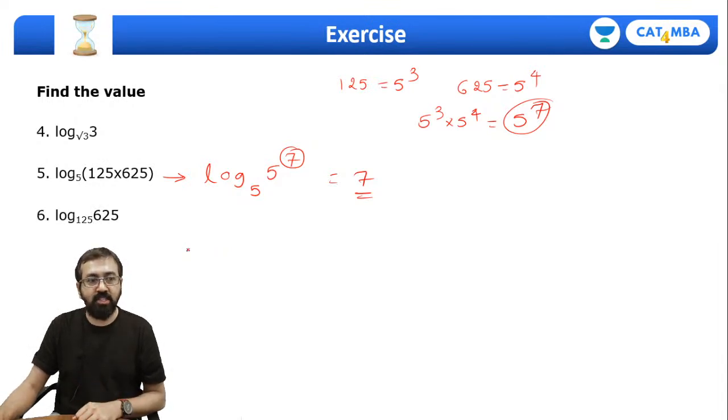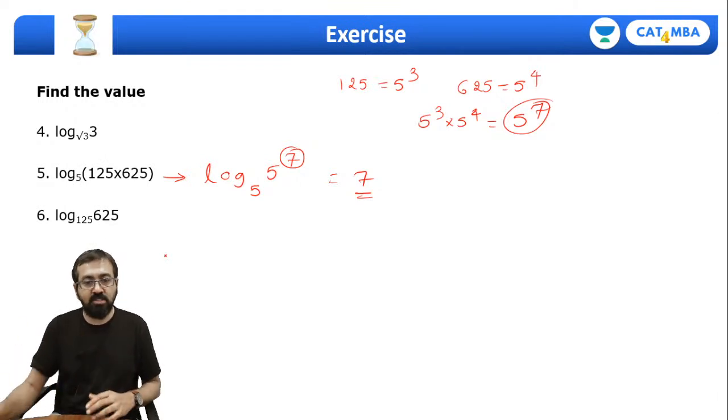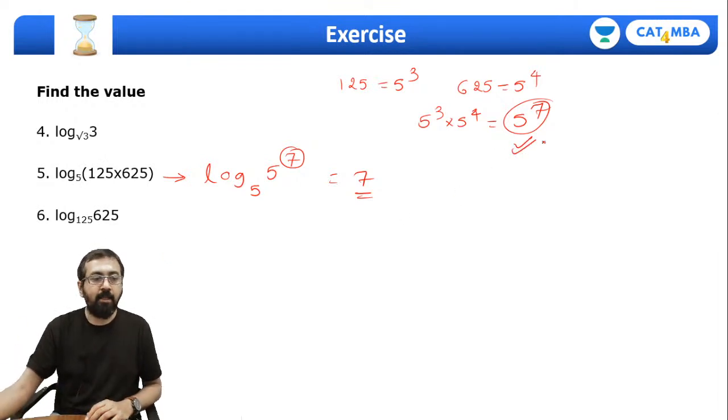So try for the next one. Again, it's a simple question. Yeah, Shubhankar, you made a mistake in that. We will not multiply the powers, we'll have to add the powers. 3 plus 4, 7. It's mentioned over here. Right? So same way, this question.